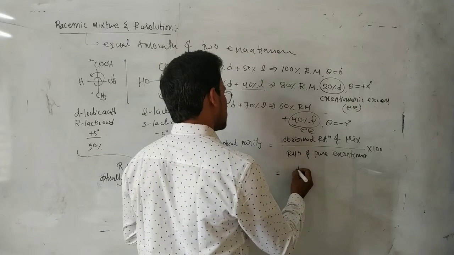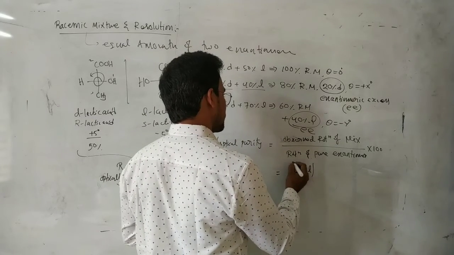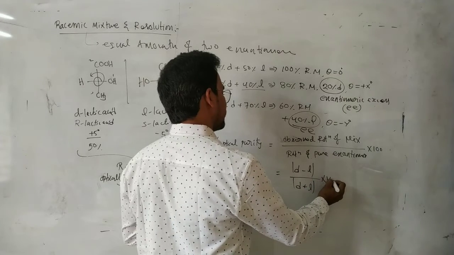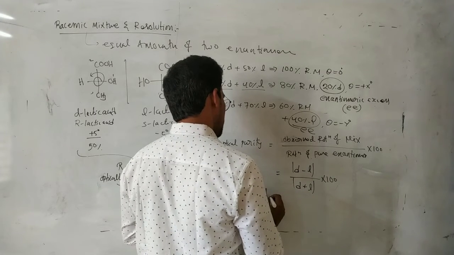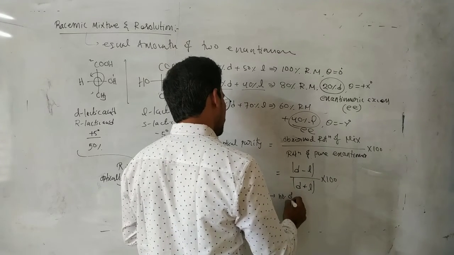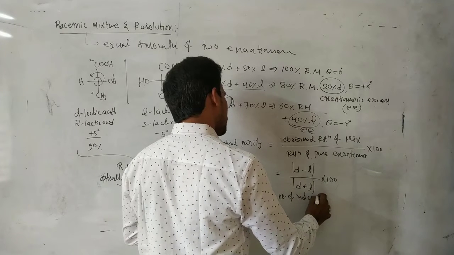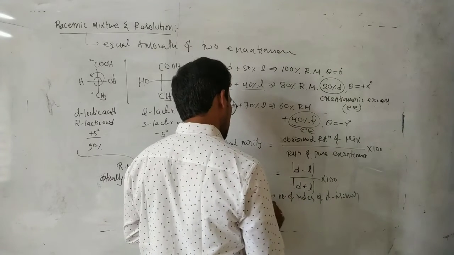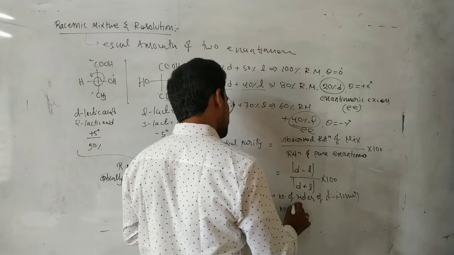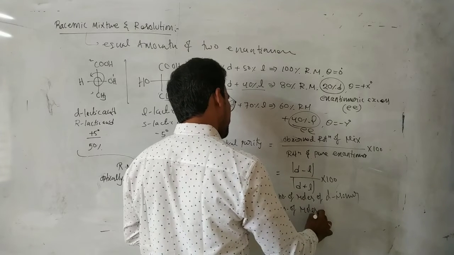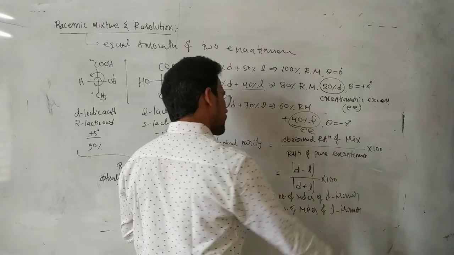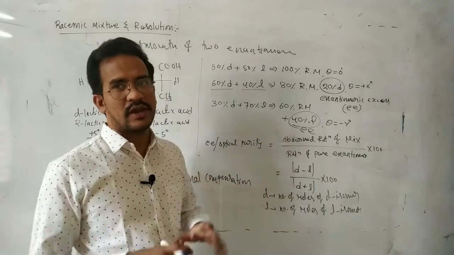Or we can calculate it by this formula also: D minus L over D plus L, into 100. Here D is the number of moles of the D isomer in the mixture, and L is the number of moles of the L isomer in the mixture.